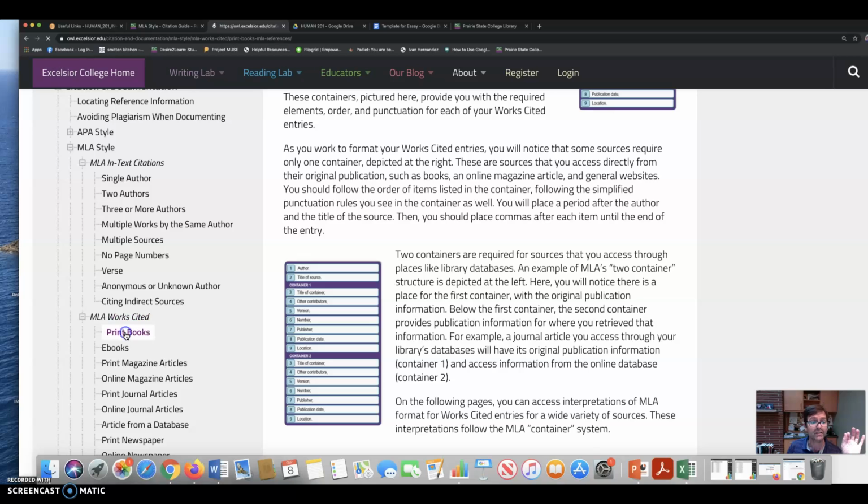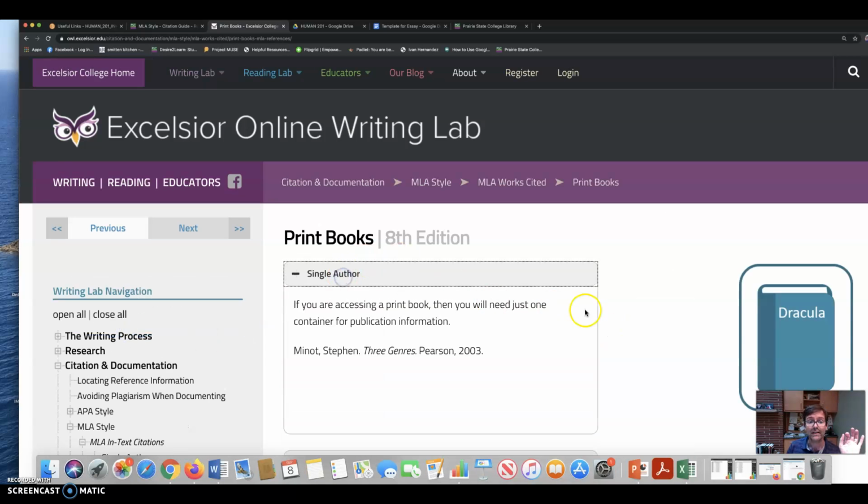Okay, so going back to this print book, we would find an entry in your works cited page that said Calvert and his first name, and then the title of his book, and then the publisher and the year. So we would know we had the page number in your in-text citation, but that would take us to the full reference when we went from the in-text citation directly to the end of your paper in the works cited page.